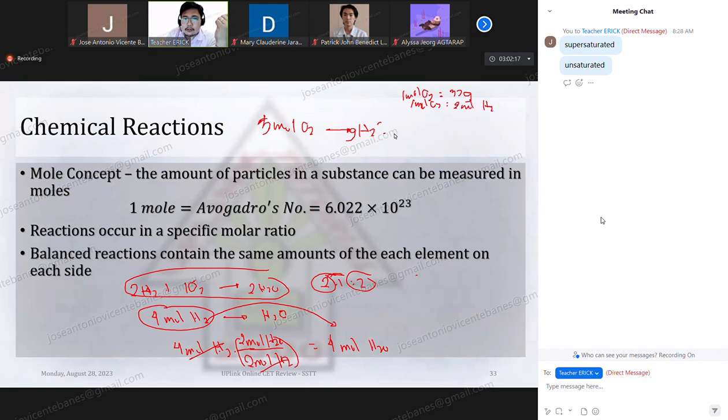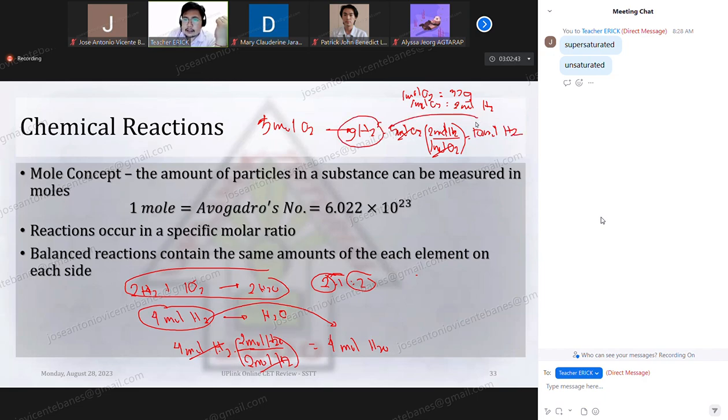Now, let's compute. If you have 5 moles of oxygen, based on the mole ratio, 1 mole of oxygen for every 2 moles of hydrogen, then cancel the moles, and you're going to get 10 moles of H2. However, we're not yet finished because we need to check the mass.